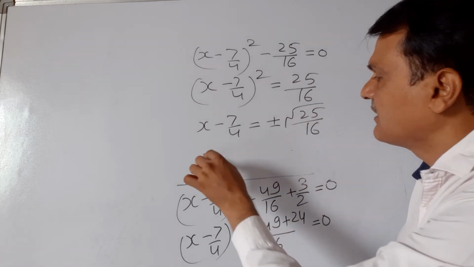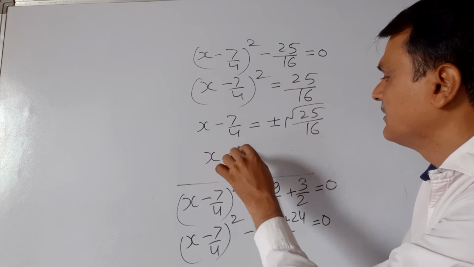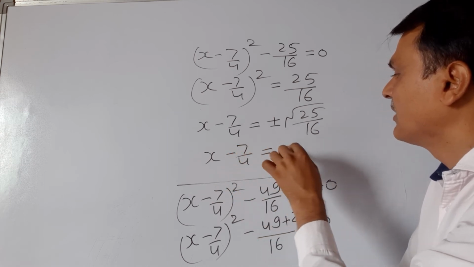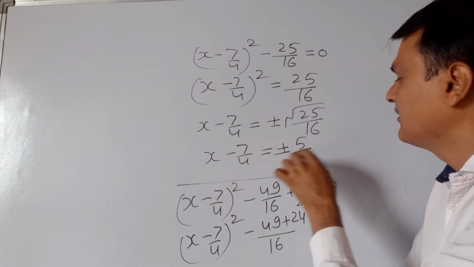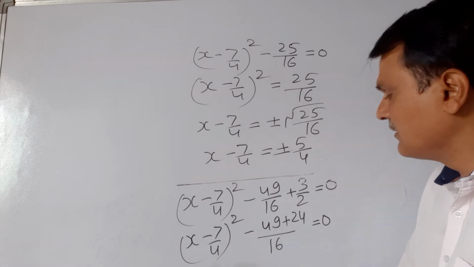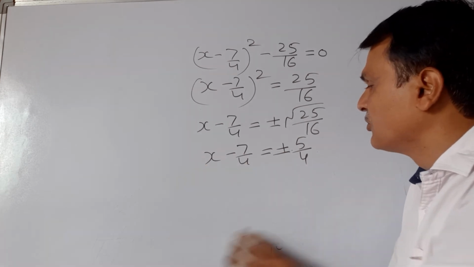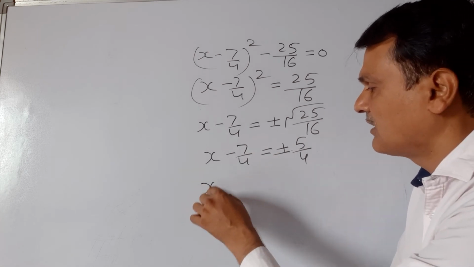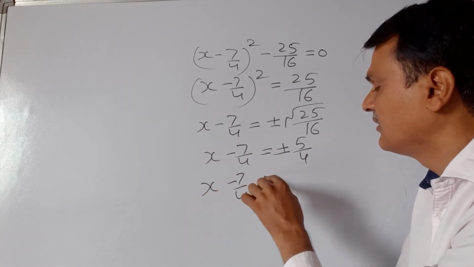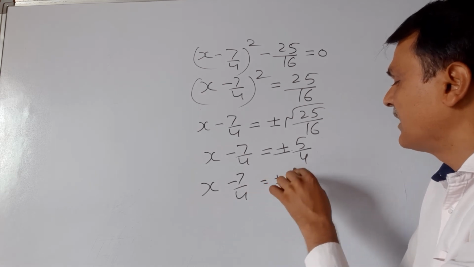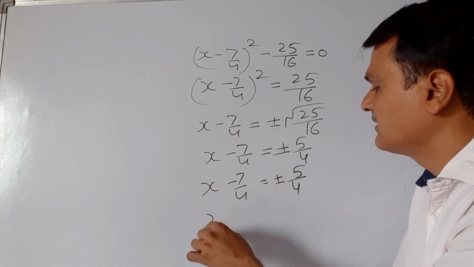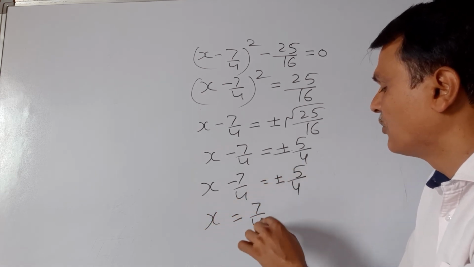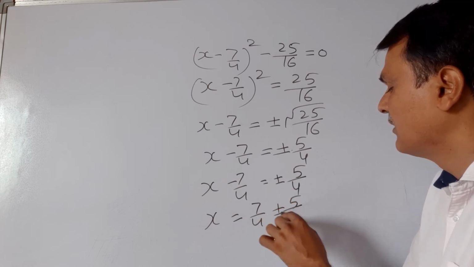And then we write x − 7/4 = ± 5/4. And now by transposing 7/4 to the right side, we get x = 7/4 ± 5/4.